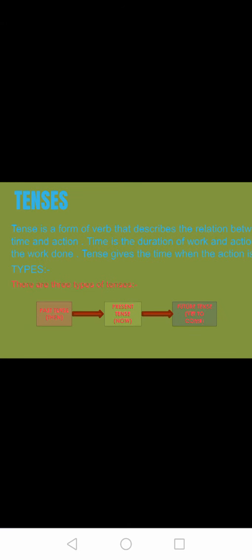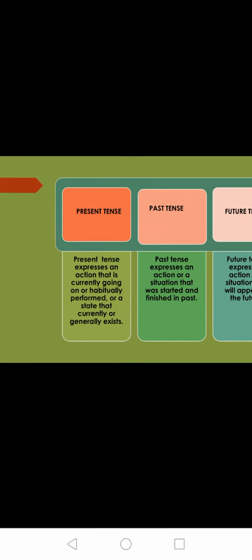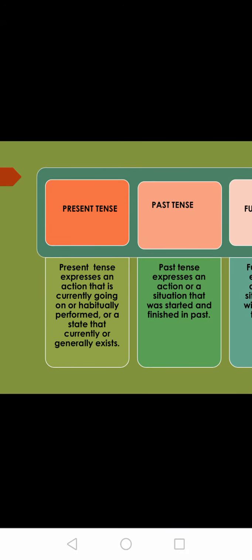Okay, now let us begin with tense. First of all, what is present tense, past tense, and future tense? Present tense expresses an action that is currently going on or habitually performed, or a state that currently or generally exists.